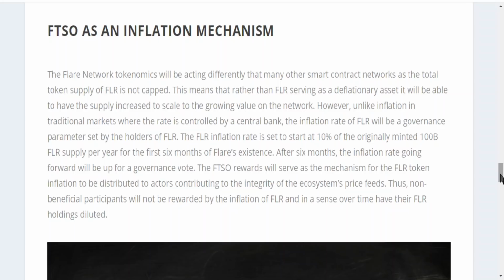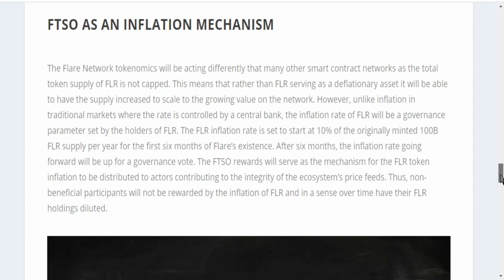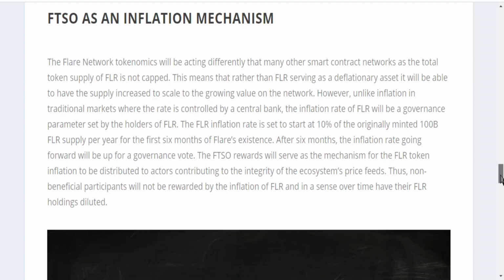So we talked about the 10% of the 100 billion, and Flare is serving as a deflationary asset. So even though the supply will be increased from the inflation rewards, that will be a governance feature. It starts out at 10% the first 6 months, and then after 6 months there'll be a governance vote.